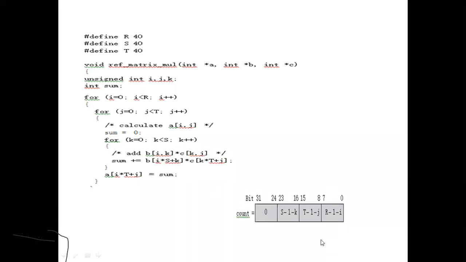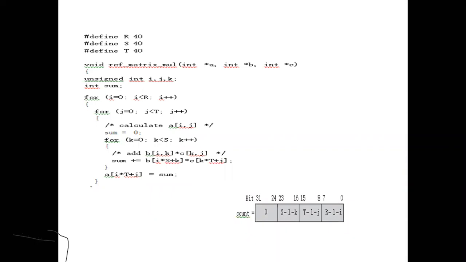The innermost loop, which contains s and k, will be placed in the higher order 8 bits. The next one, t and g, will be placed in the next lower order 8 bits, and i and r will be stored in the lowest order 8 bits.